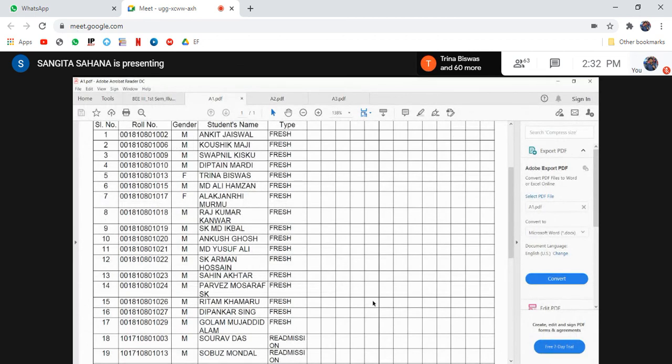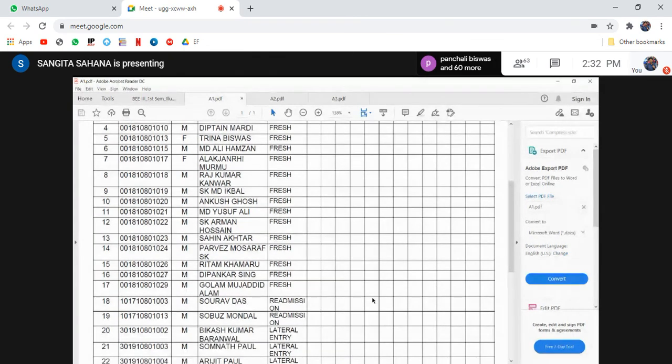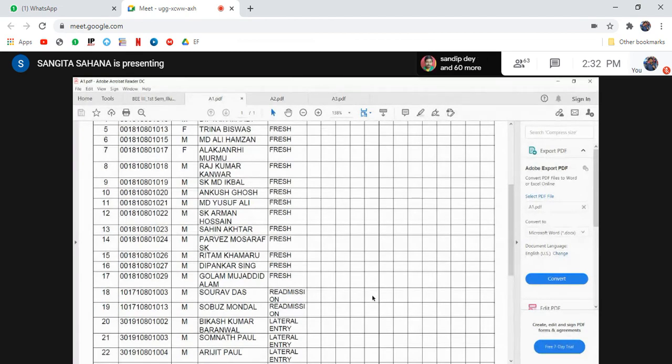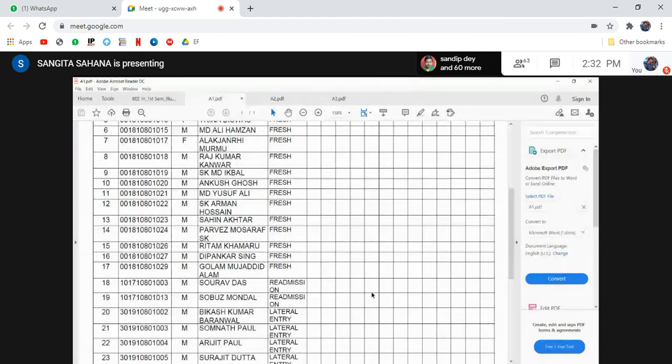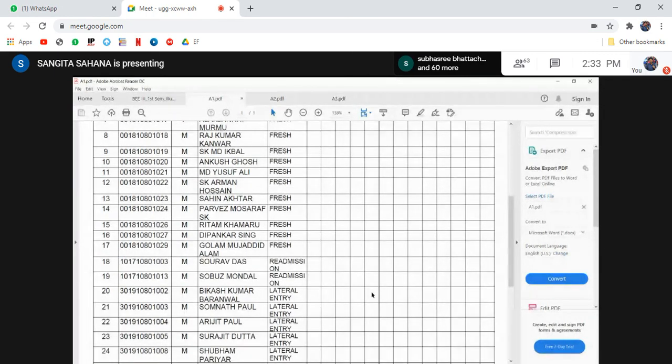Present. 21. Yusuf Ali. 22. Arman. 23. Shaheen Akhtar. Yes, ma'am. 24. Parvez. Yes, ma'am. 26. Ritam. Yes, ma'am. 27. Dipankar. Yes, ma'am. 29. Golam. Yes, ma'am.